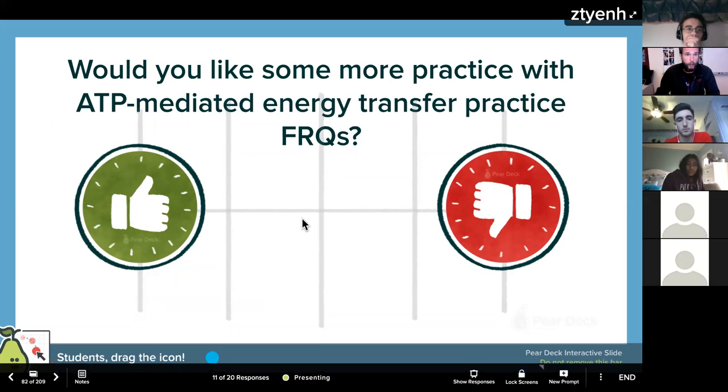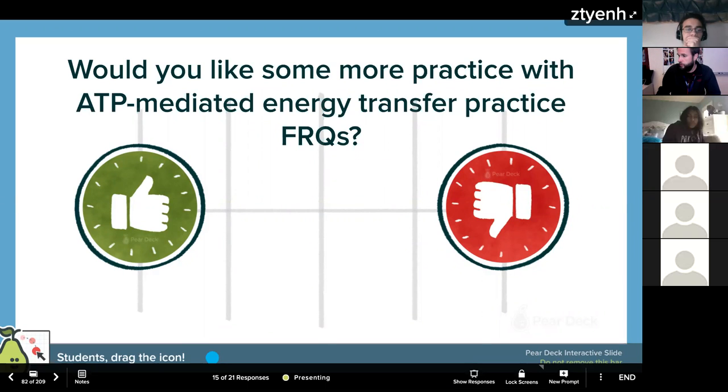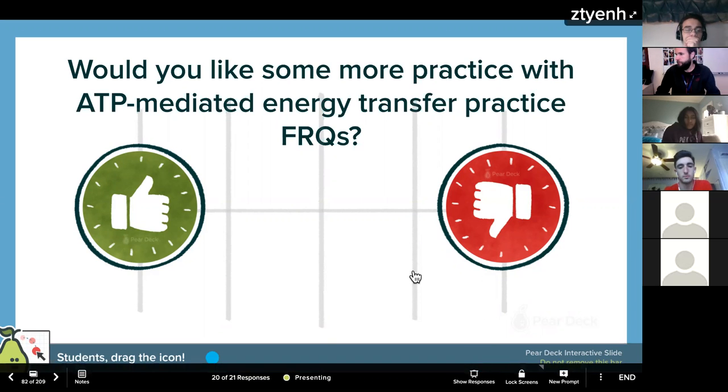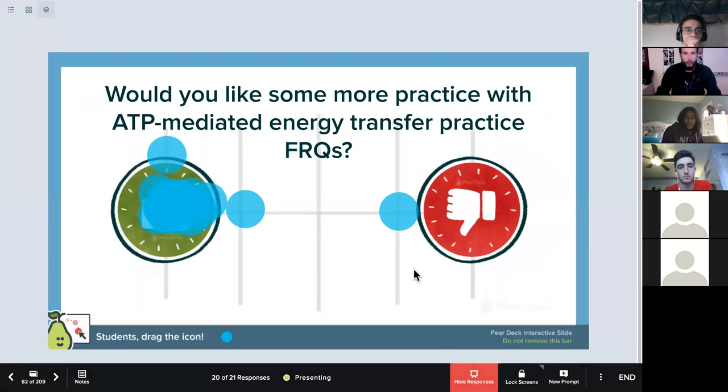If you could just drag your dot quickly to give me a sense of whether that would be useful to you or not. Okay, looks like that's going to be helpful for most people, so we can definitely do that.